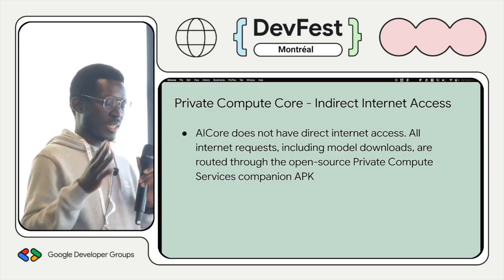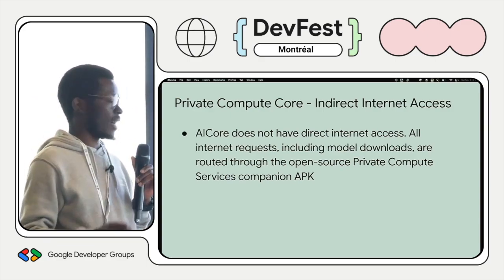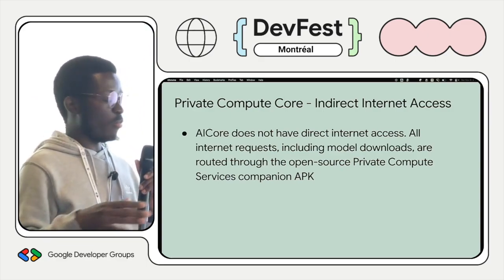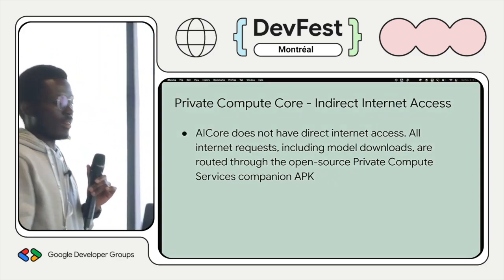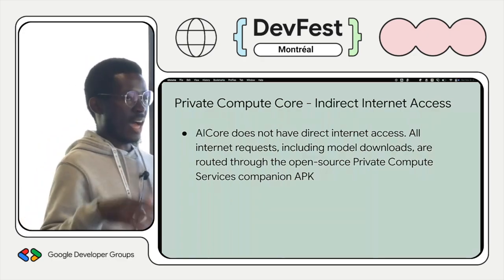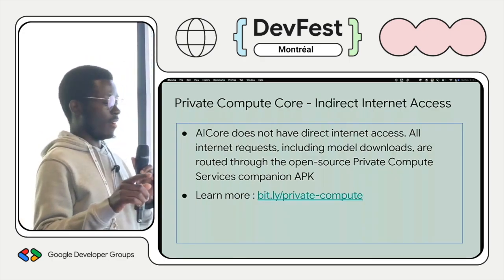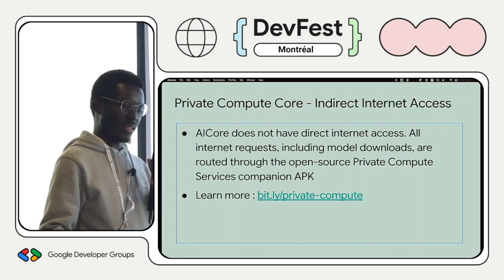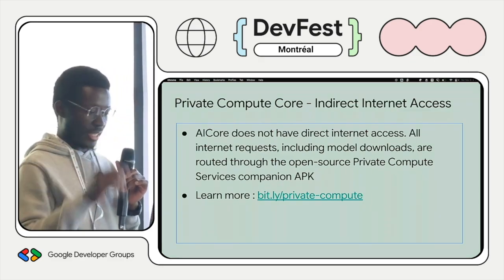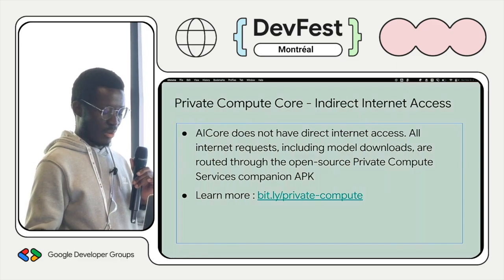So all the requests, even when it comes to downloading a new model, will be routed through an open source private service that will handle that part. You can learn more about private compute using this link, and it's also available online.